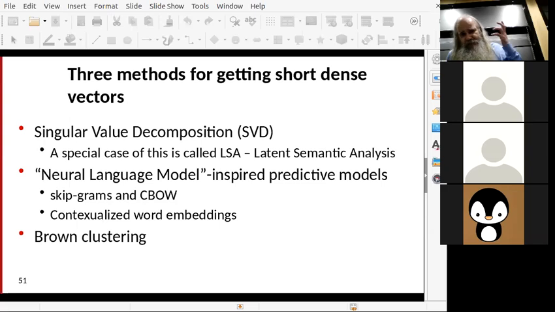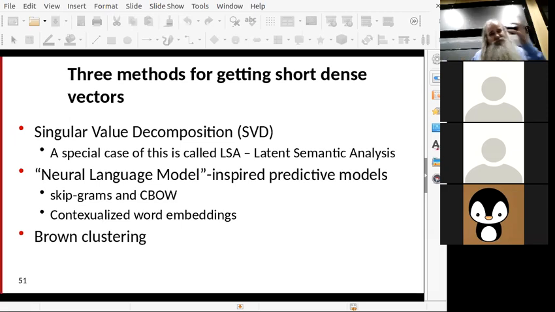Okay, the first one is a mathematical technique called singular value decomposition, SVD. It's actually a special case of latent semantic analysis, LSA. The second class of things is word embeddings, from the neural language model point of view. So we're actually going to try and estimate some representation that's smaller with neural nets and be able to force it to contain the information.